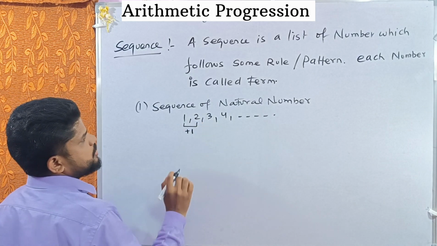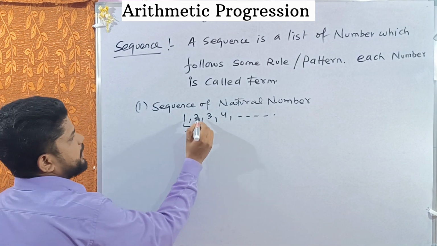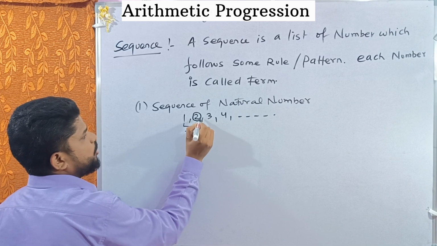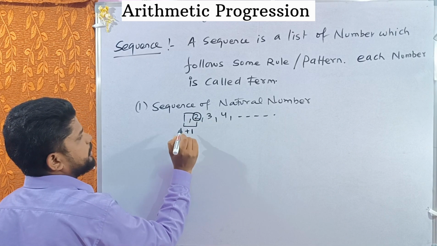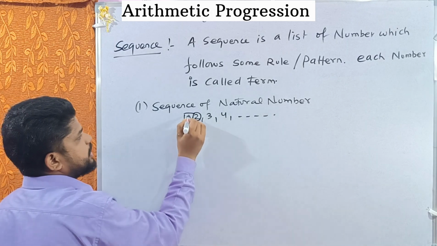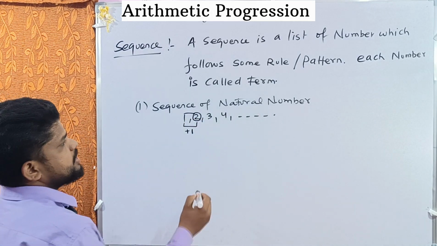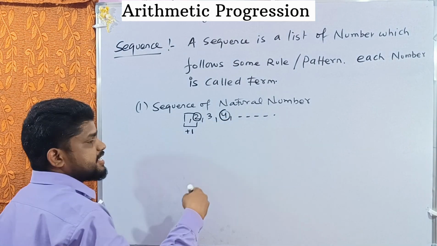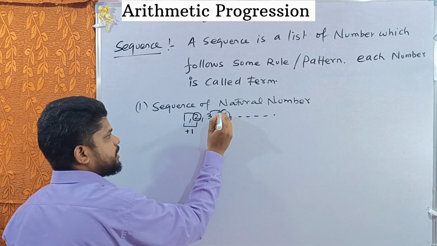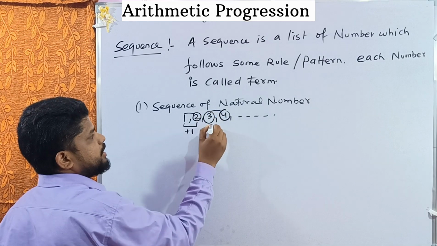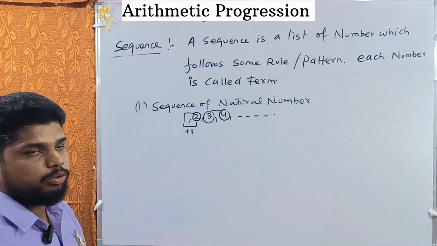In this sequence of natural numbers, 2 is called the successive term of 1, whereas 1 is the preceding term of 2. Likewise, 4 is a successive term of 3, and 3 is a preceding term of 4.